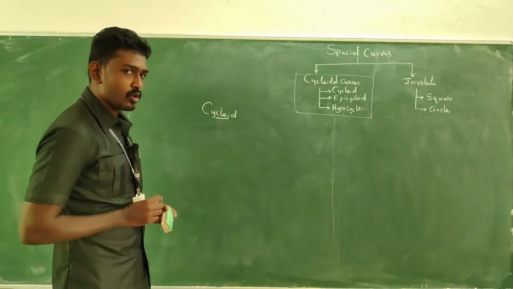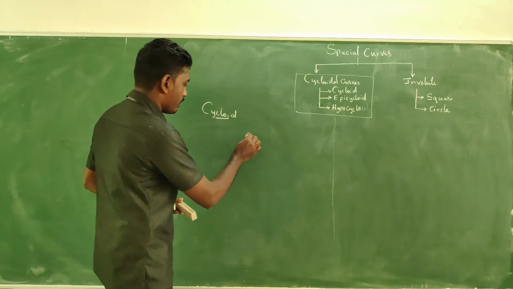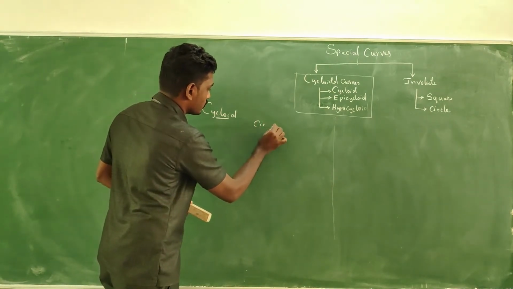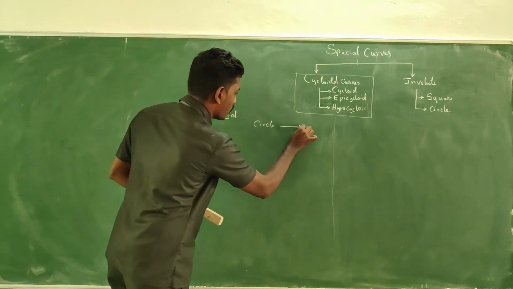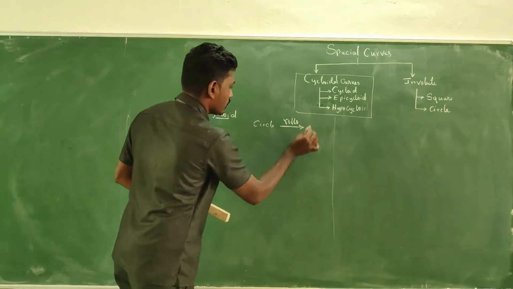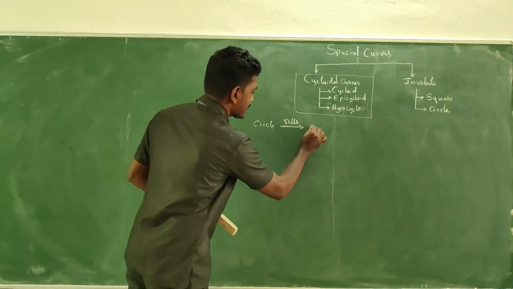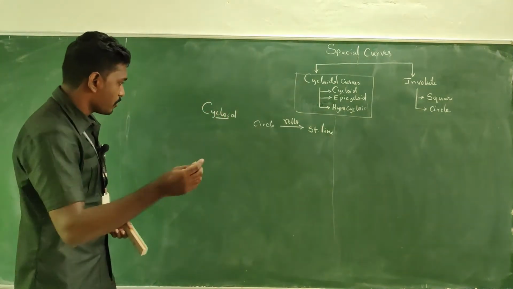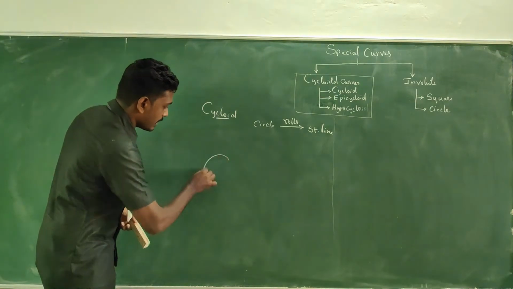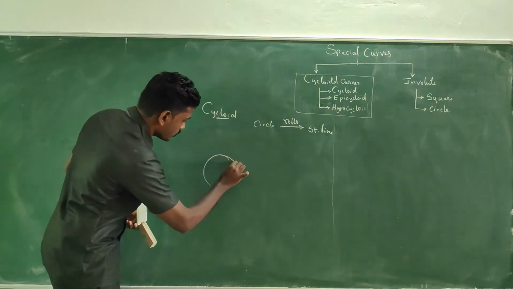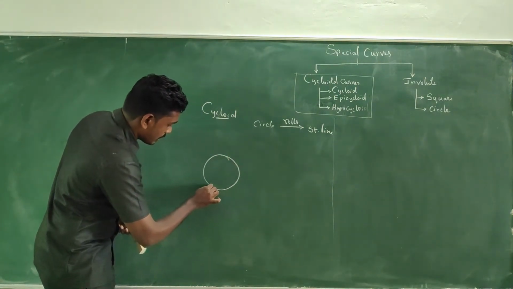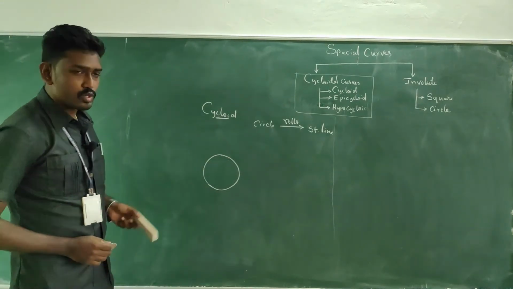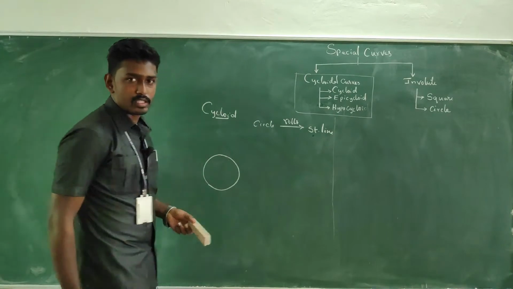That means a circle rolls along the straight line path. For example, I will show you the diagram so that you will get familiar. The circle rolls on this straight line path.